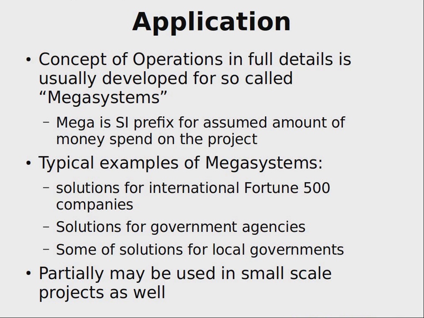Their number of users may be small, but data are very big because they need to have large registers for all the companies, all the people in state, etc. Maybe also for local government systems, but not all local government systems are mega systems in terms of spent money as a mega dollars or mega euros.